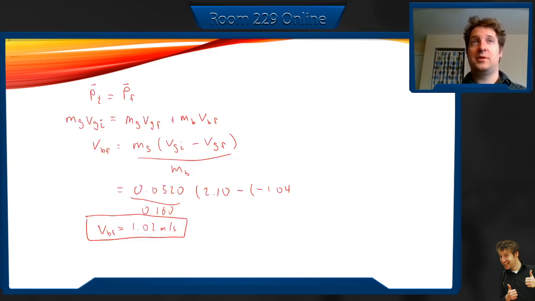Like this problem, we used momentum to calculate the other velocity. Momentum will always be conserved. Remember, the conservation of momentum idea is just an extension of Newton's third law. If momentum was not conserved, Newton's third law would be wrong. Momentum conservation is one of those amazing things that happens in the universe, just like energy conservation.